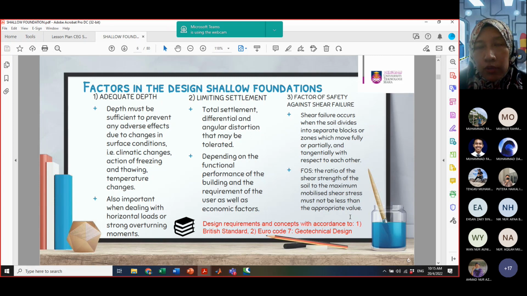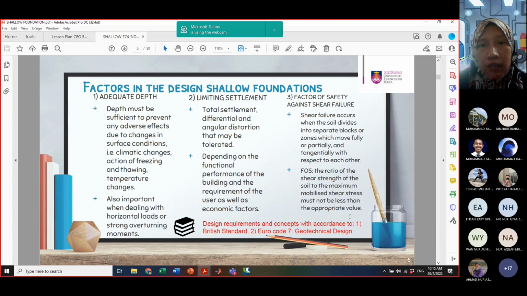And for footing, it can be recommended to have a factor of safety around 2.5 to 3. These are the things to see whether the soil can carry the load from the structure. If you calculate and get a factor of safety less than 2, for example, as stated in the standard, you have to redesign.